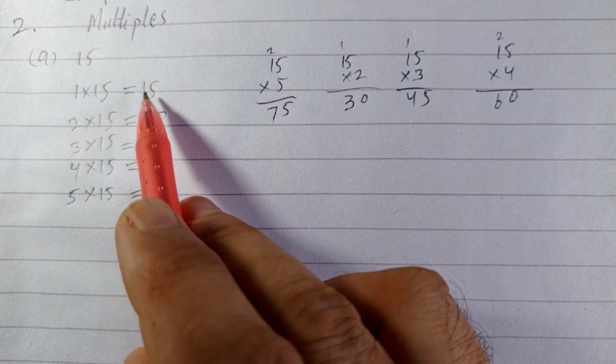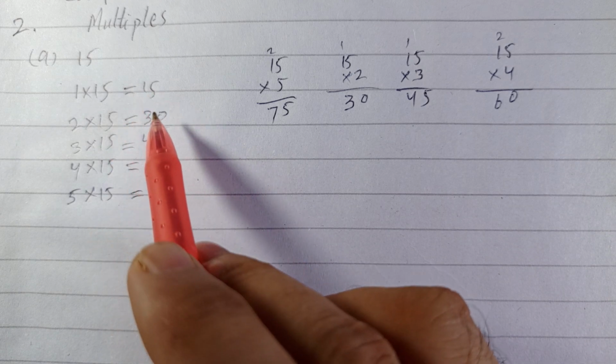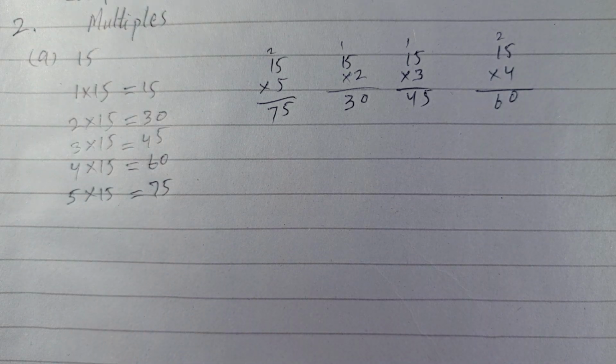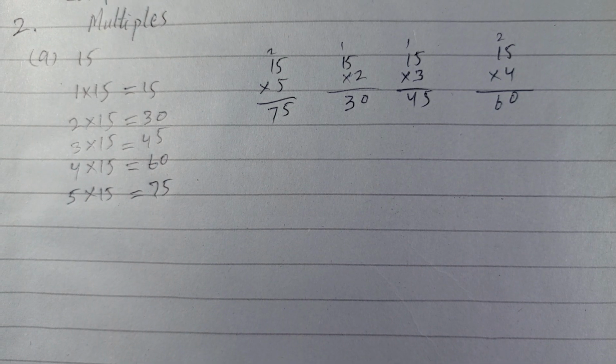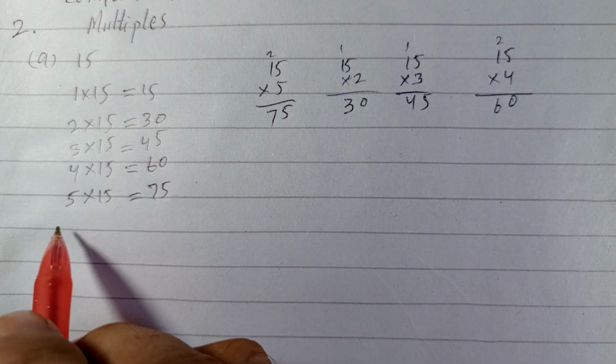We have found the multiples of 15 up to 5. 1, 2, 3, 4, 5, these are the first 5 multiples of 15. From these answers, now you will write the multiples of 15.